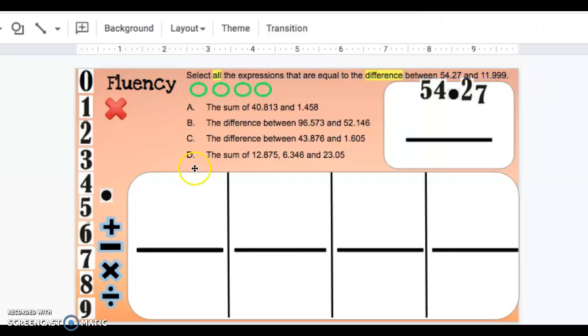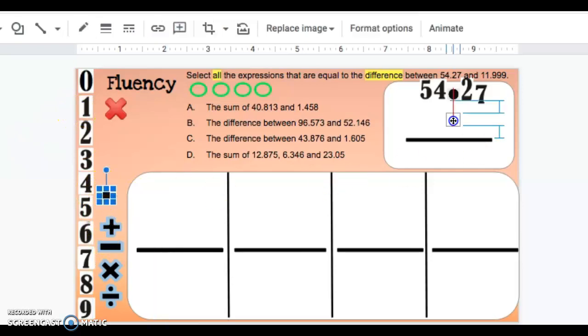Okay. And then I have 11. Put my decimal point there. Put 11 based off of their place values. Line them up.